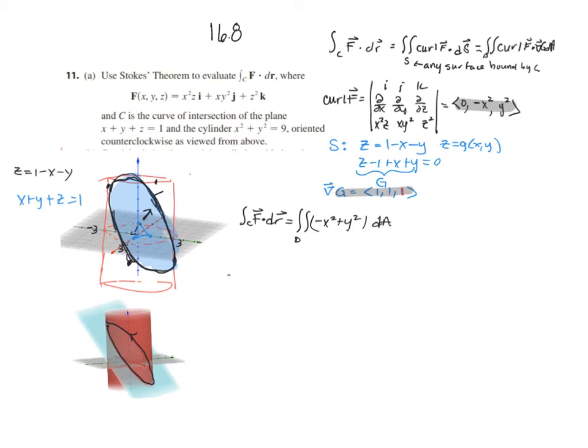I made a mistake. Right here, the j component, that's going to be 0 minus x squared, and in the minus position, so that's positive. And so this is positive down here.